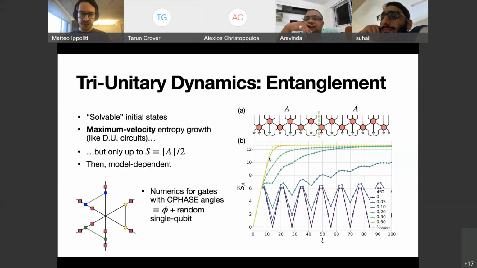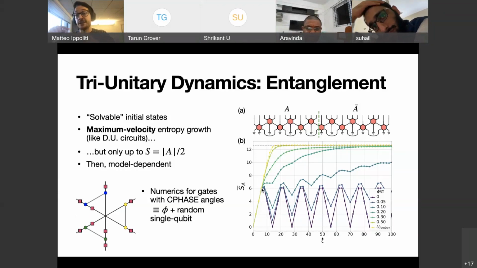Right. So broadly speaking, both give you this strongly chaotic maximum velocity growth. There is a bit of a difference in what class of states exactly you can solve for in both. In this case, it appears that the solvability stops halfway to the maximum entanglement. Whereas in the dual unitary or biunitary case, you can extend it all the way to maximum entropy, and then you have a maximally mixed density matrix, and that's it.